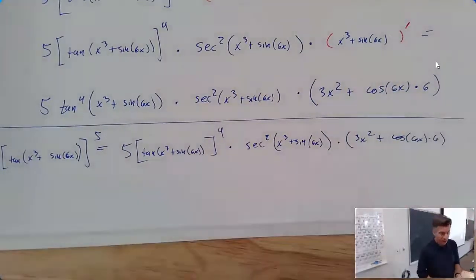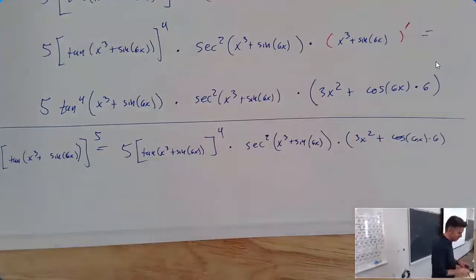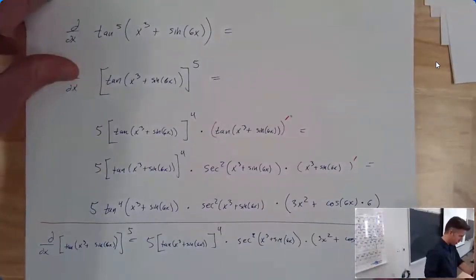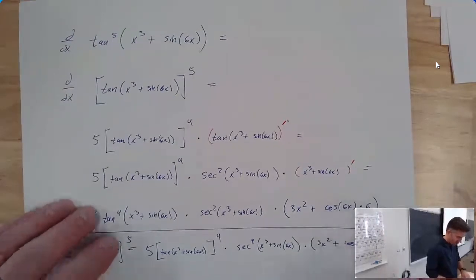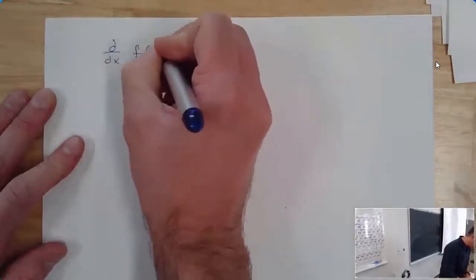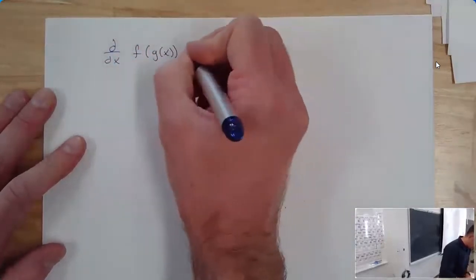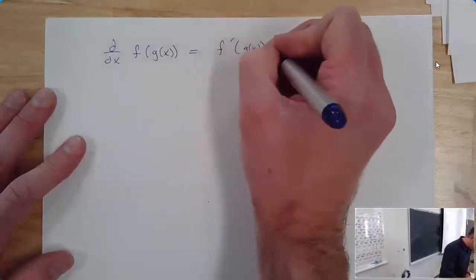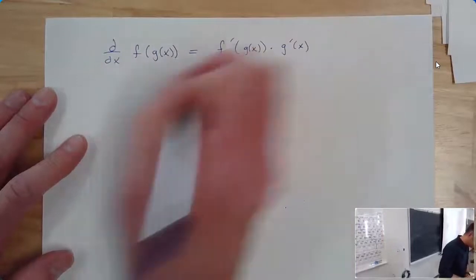So just to write these rules out, because we actually haven't written them, just so you can see them all in their glory. The way people typically write the chain rule is to say, if you're trying to find the derivative of a composition of functions, f of g of x, it's going to equal f prime of leave the insides alone times the derivative of the insides.